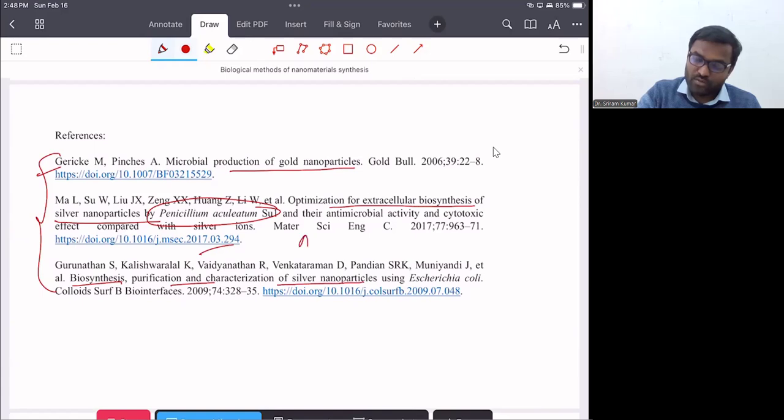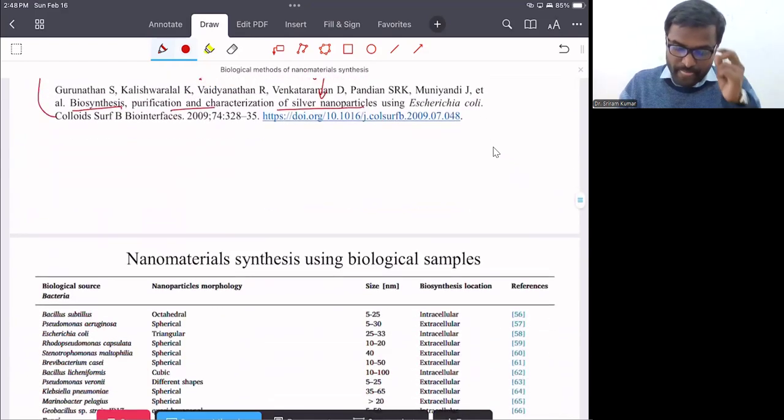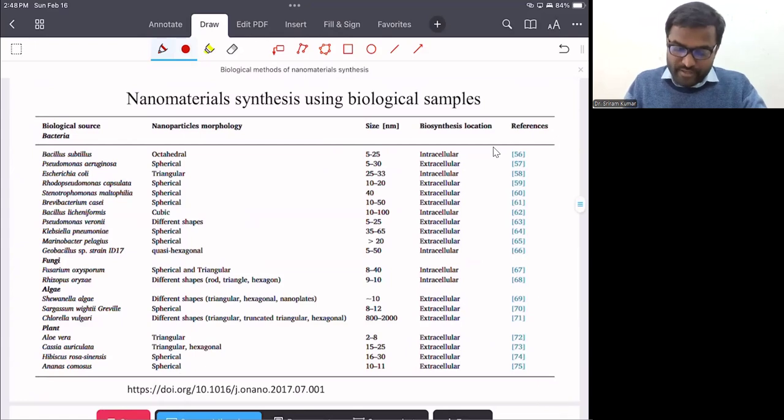This one is silver nanoparticles, this is also silver nanoparticles, and the first one is gold nanoparticles. I put this table for your reference if you are planning to synthesize nanomaterial using bacteria or fungus as a source material.